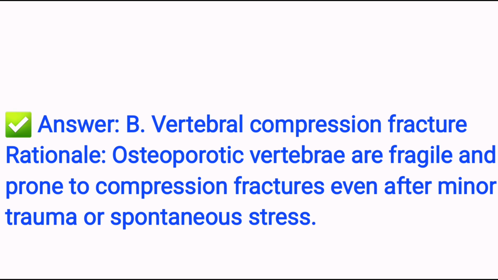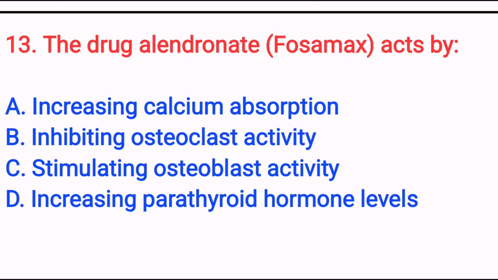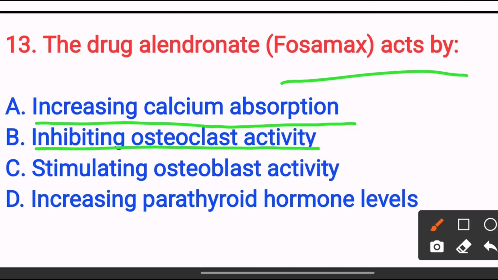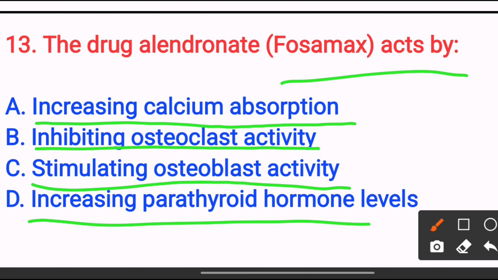Next, the drug alendronate, Fosamax, acts by: option A, increasing calcium absorption; option B, inhibiting osteoclast activity; option C, stimulating osteoblast activity; option D, increasing parathyroid hormone levels.